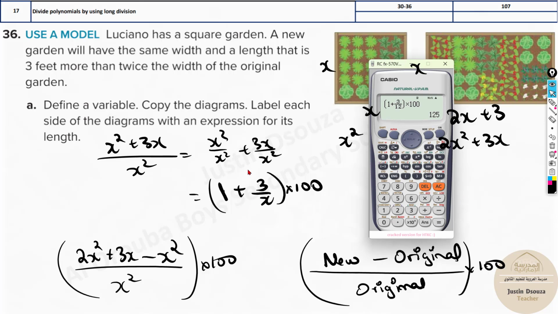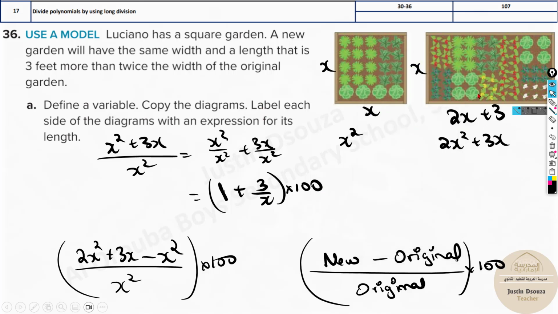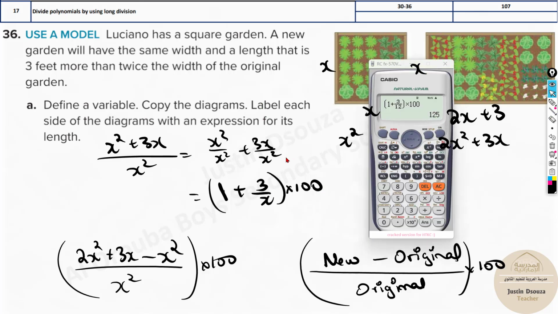So it's 125. I just forgot what the number was. It's 125%. Okay, it's percentage.